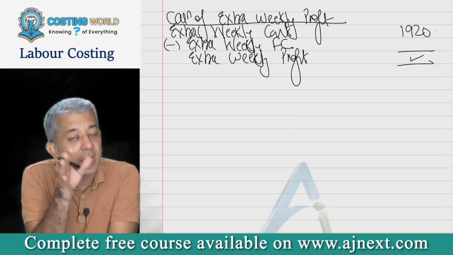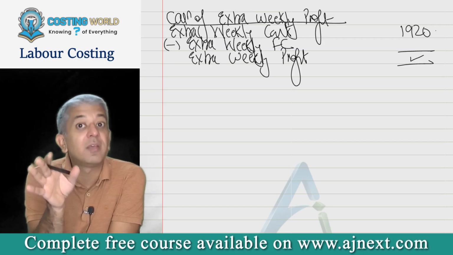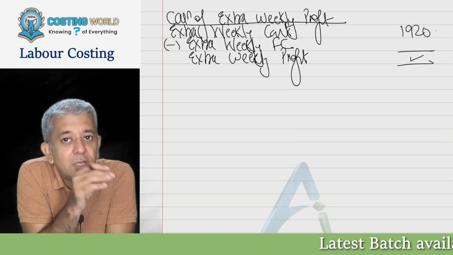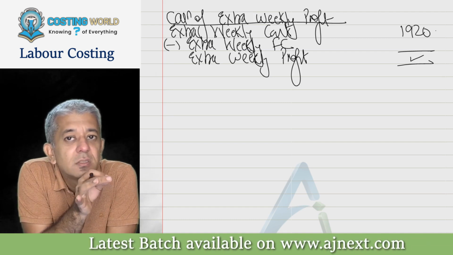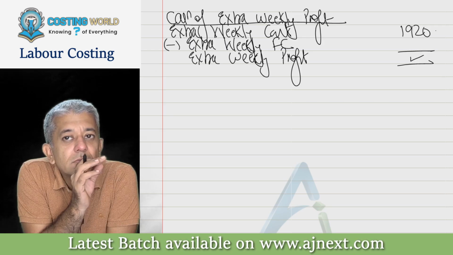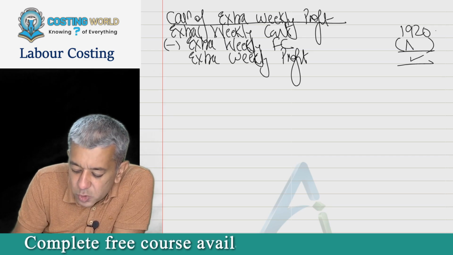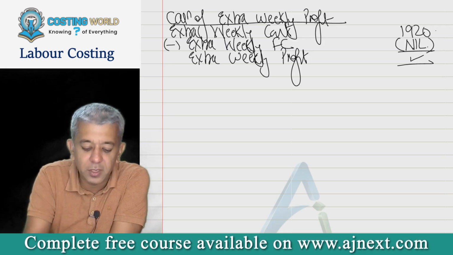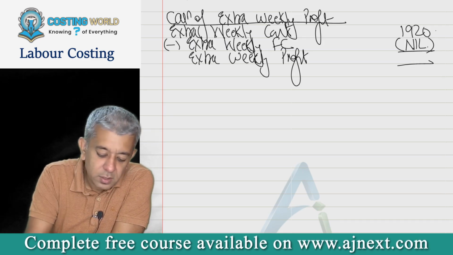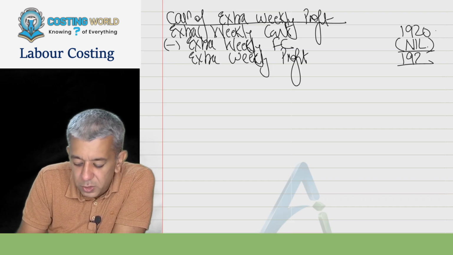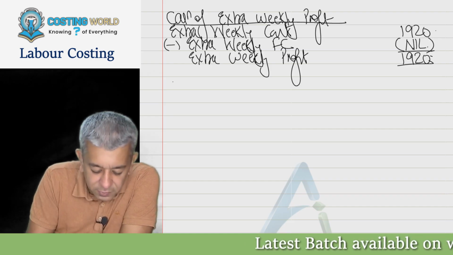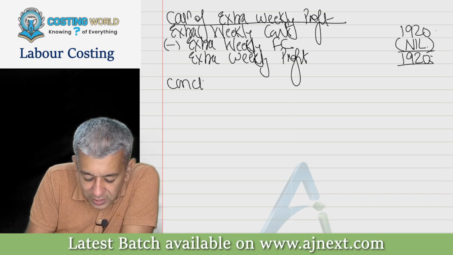So, if the life of any asset is not given in costing, you will be assuming that the life of the asset is infinite. And if it is infinite, then this figure has to be nil only, beta. Write down over here nil. This is 1920. First we are writing the conclusion and then we are writing that assumption.